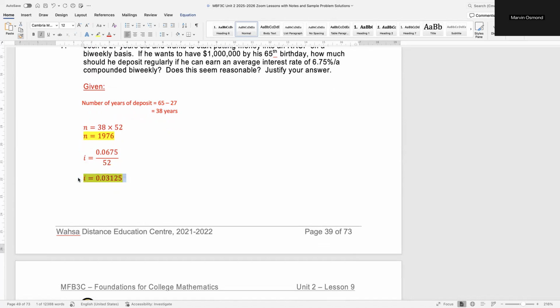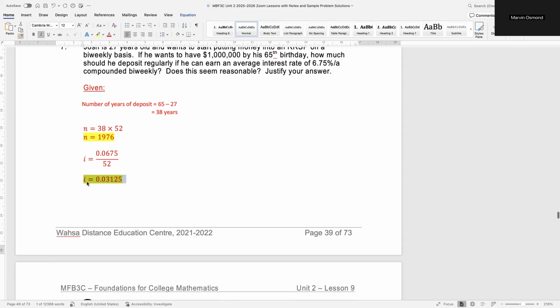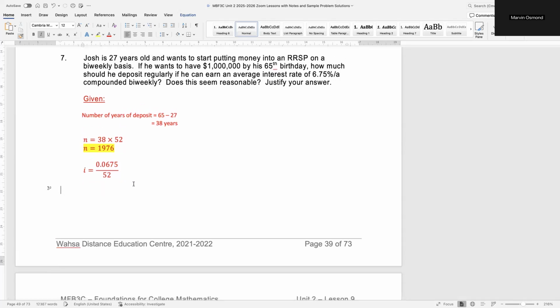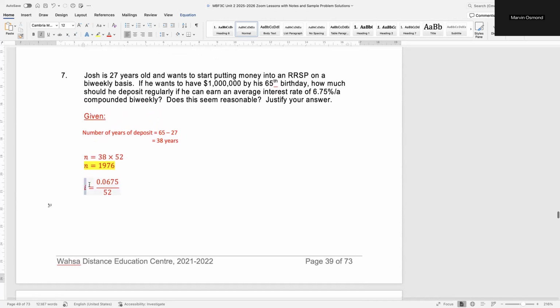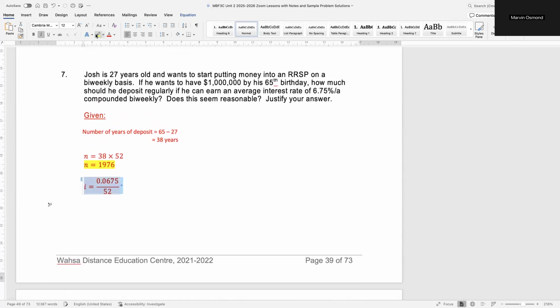If you do 0.0675 divided by 52, you'll get 0.032096838. That's a little bit too long and it's probably rounded off, so in this case we're going to leave I as a fraction.